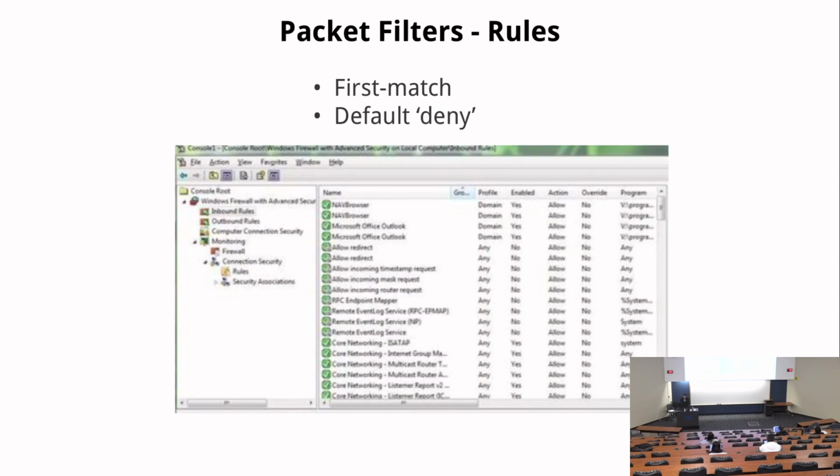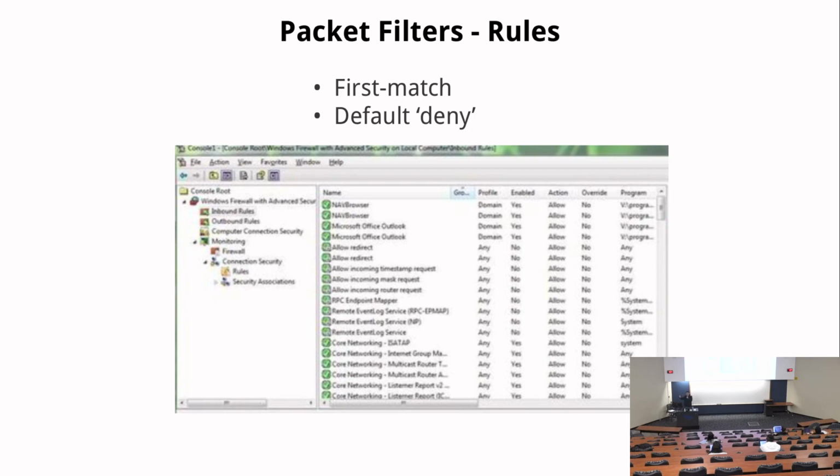For example, this is another one, the built-in Windows firewall, and there could be many policies or many different rules. Usually, we follow the first match rule. We go through all the rules one by one, and by default we can set all the packets to be denied.